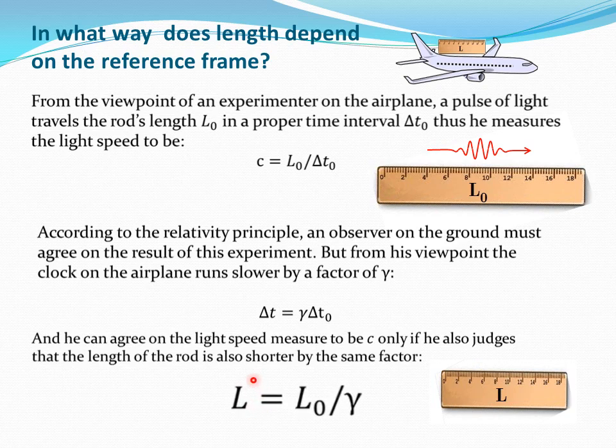Therefore, the length dependence on the reference frame is L equals L0 over gamma, where L is the length measured by an observer on the ground and L0 is the length measured by an observer on board the airplane.